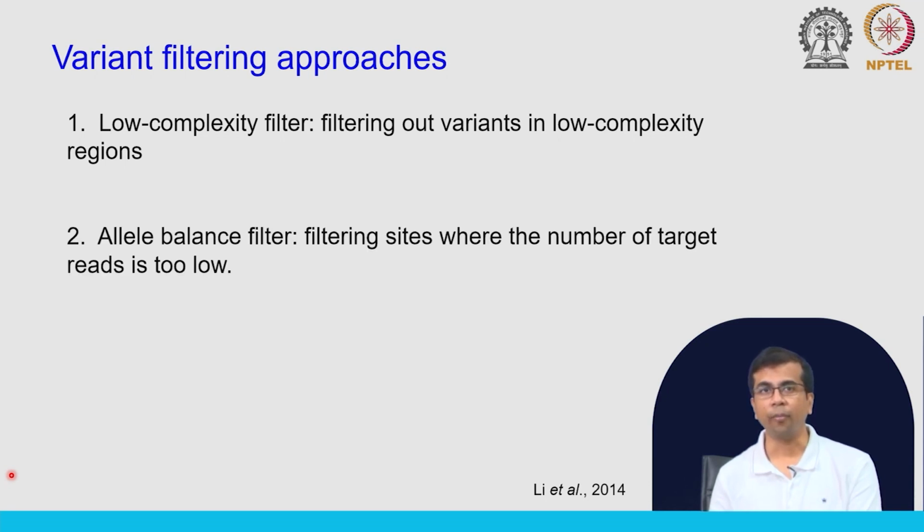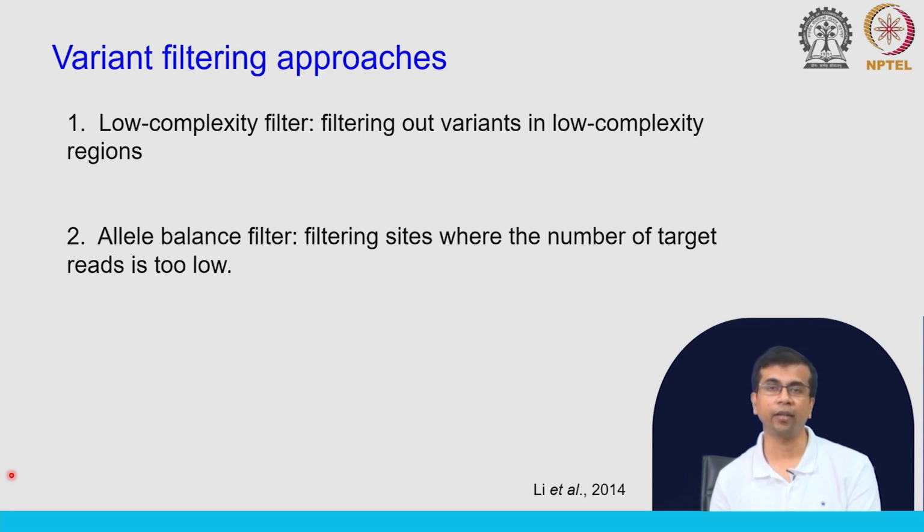The second type of filter that you can use is something called the allele balance filter. Here we filter sites where the number of target reads is too low. This makes sense. If your coverage is quite low for a region where there is a variant call, then probably you have low confidence in that call, because this call is not supported by many reads.